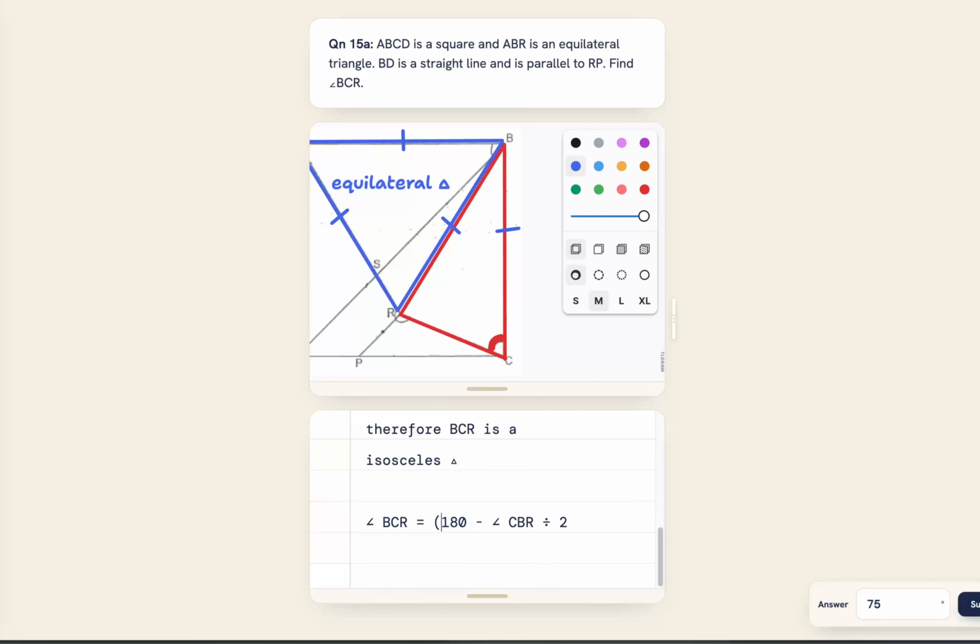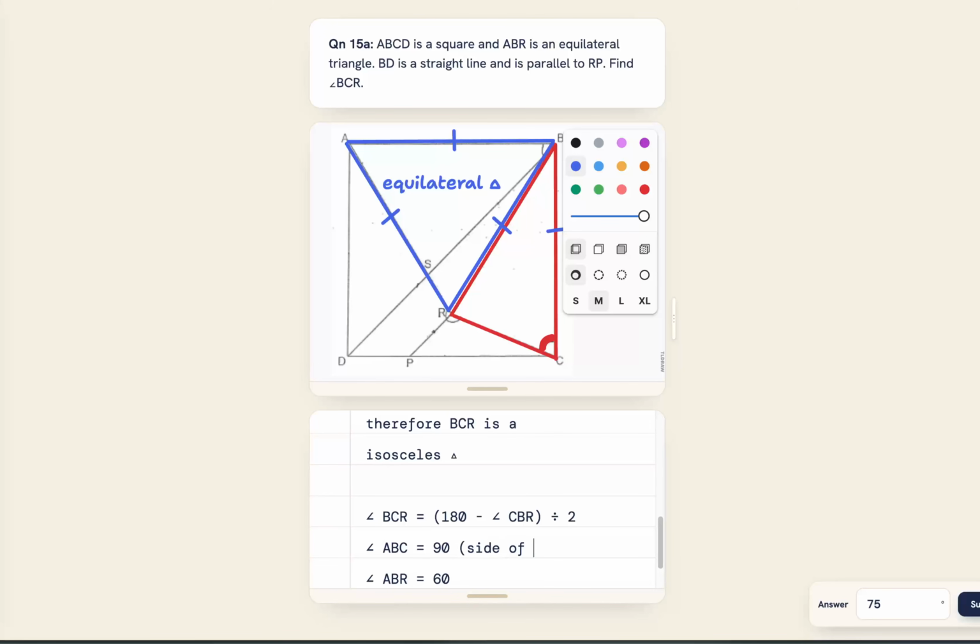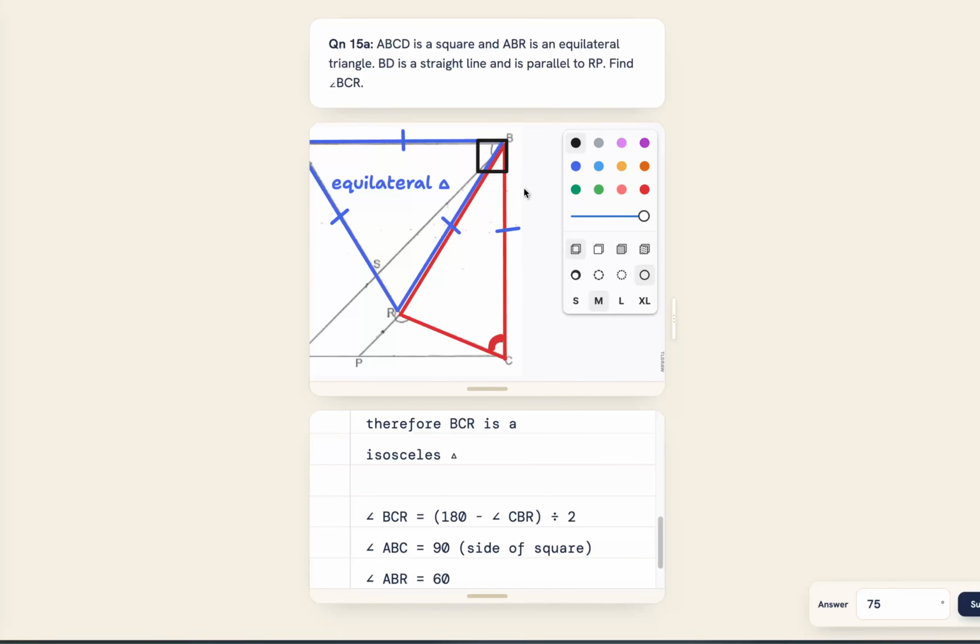So we just need to find angle CBR. Do you know what angle CBR is? Since angle ABC is 90 degrees, and angle ABR is equal to 60 degrees, this is the side of the square, and this is the side of the equilateral triangle over here. Therefore, CBR is angle ABC minus angle ABR.